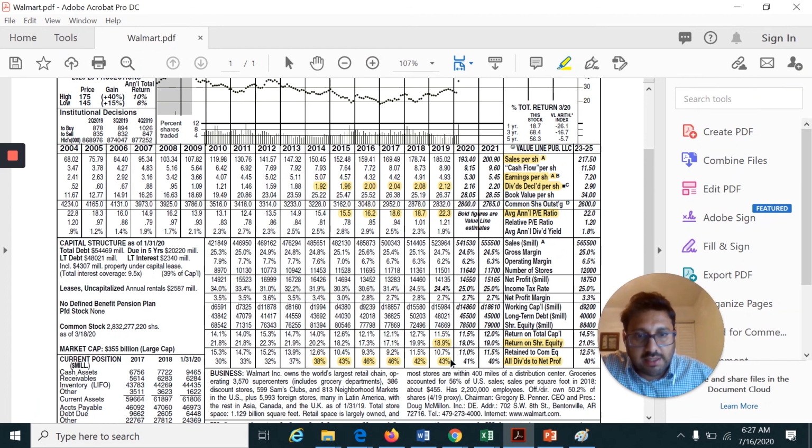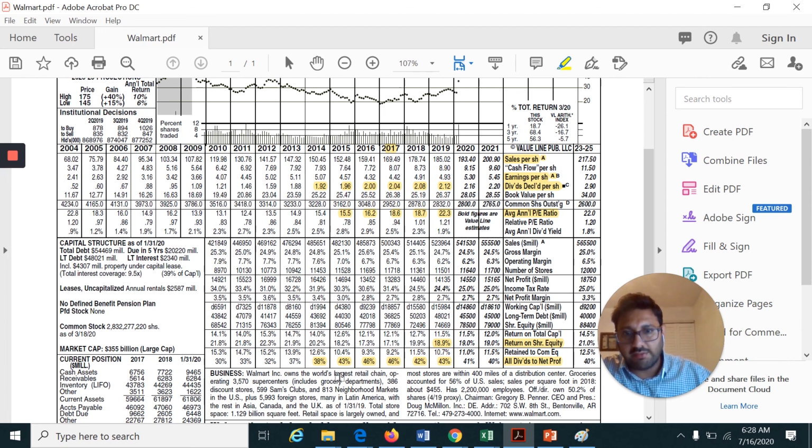So for 2019, this one, this is all dividends to net profit, which is actually the payout ratio. 43%, 42% for 2018, 46% for 2017, 46% for 2016 as well, 43% for 2015. So you can use the 5 years of data: 19, 18, 17, 16, 15.